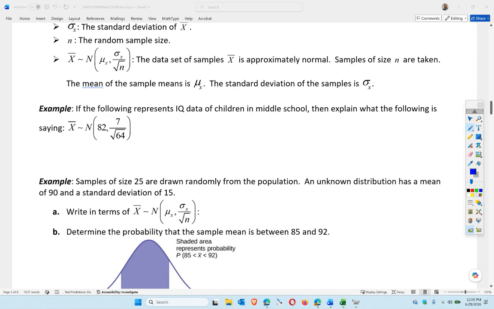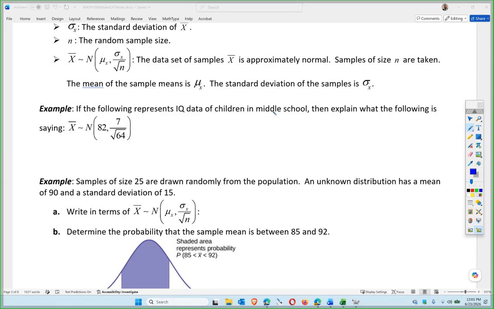So what does this actually mean here? If the following represents IQ data of children in middle school, explain what the following means. So the sample means are approximately normal. That's what it's saying, right? The mean of the samples is 82, with a standard deviation of 7 and a sample size of 64, and then this whole thing is the standard error.